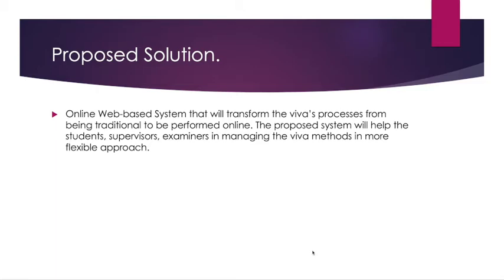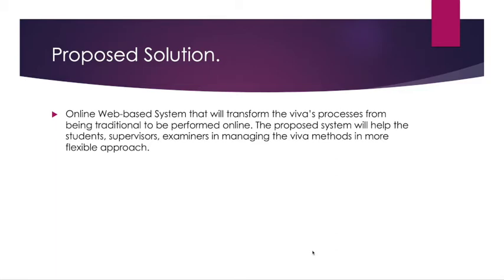Before the user logs in to the system, the user will be verified and authenticated. Then the user will be directed to the main page, which is the home page. The home page is different for each user, and the student will have different functionalities than the supervisor or examiner.